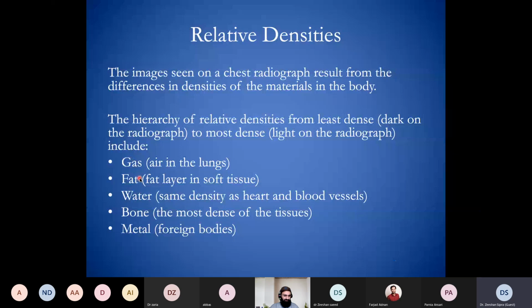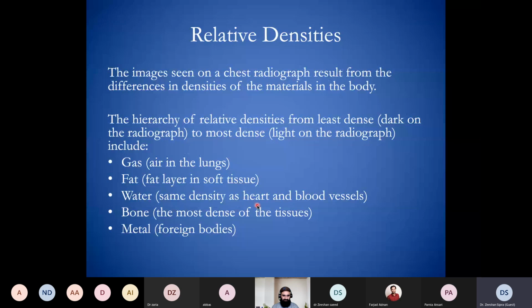The concept of relative density is which material appears dense, that's white, and the material which is less dense, for example air, appears black on an X-ray. As you can see, gas, air in the lungs, should be black. Fat is very less dense. It appears black on X-ray, for example, knee fat on a knee radiograph.